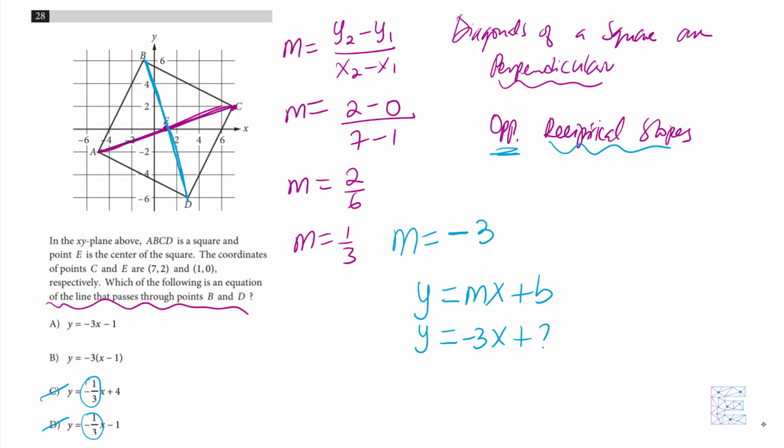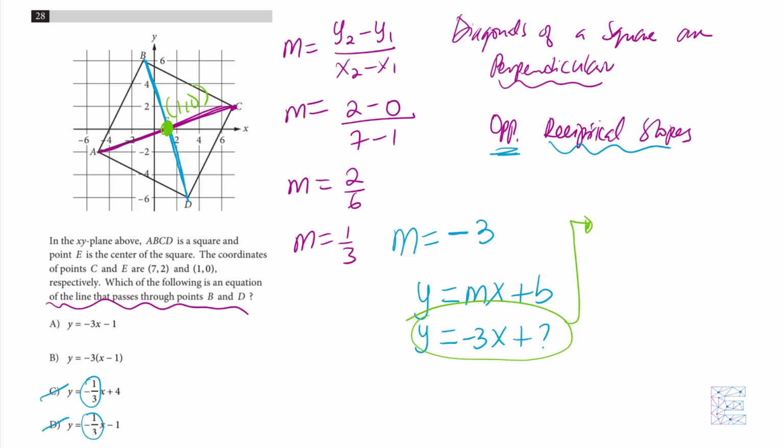Good news is when you focus on the blue line, we at least know that this point right here, which is shared, is point E, and that point is (1, 0). So we can plug it into this equation, and that's going to help us figure out what b is. So let's go for it. Let's move this up here where we have a little bit more room.